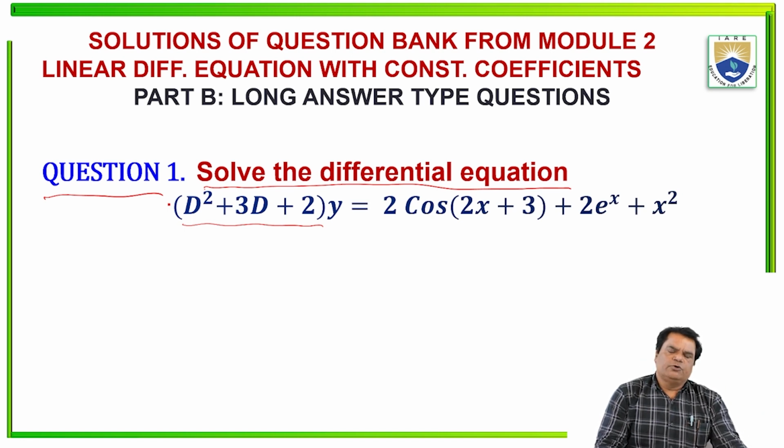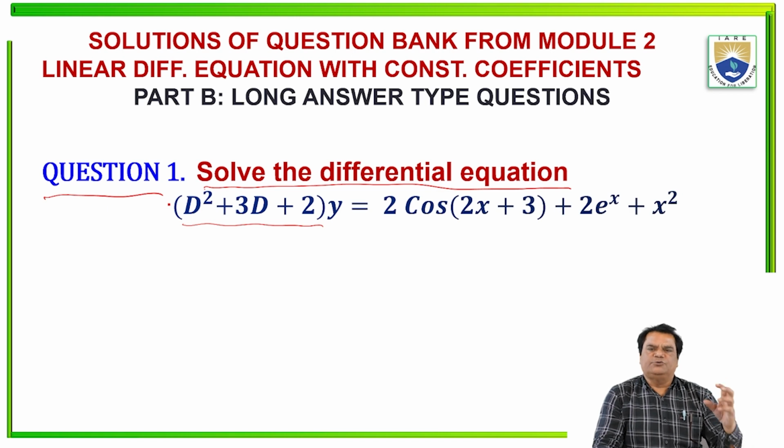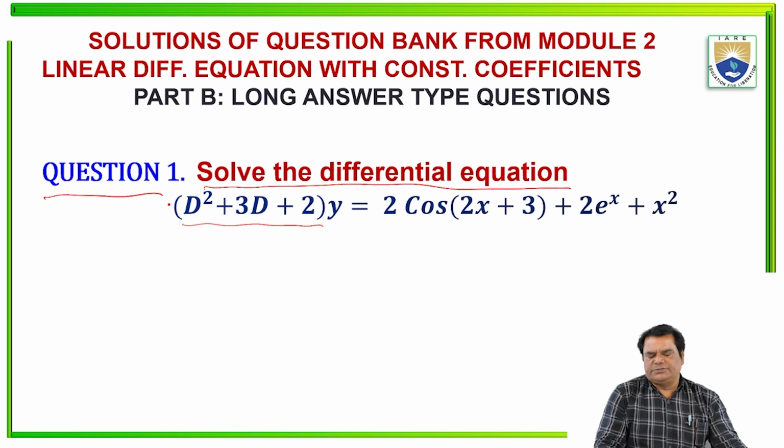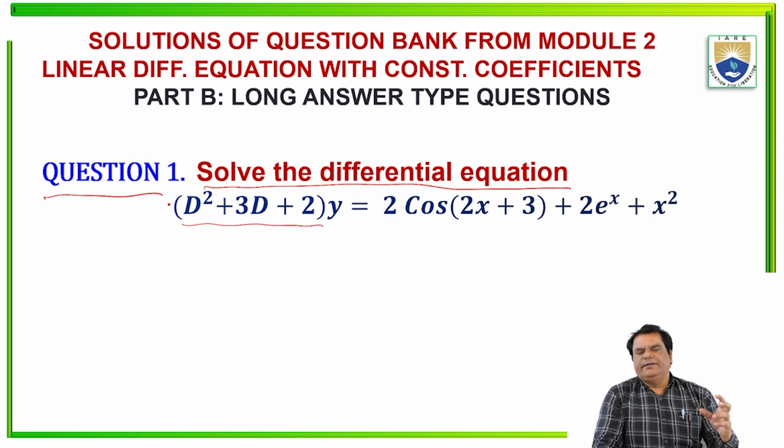So what is the procedure to solve the question? What is the method we will apply here? In this question, y is the dependent variable, and y equals CF plus PI. CF means complementary function and PI means particular integral.